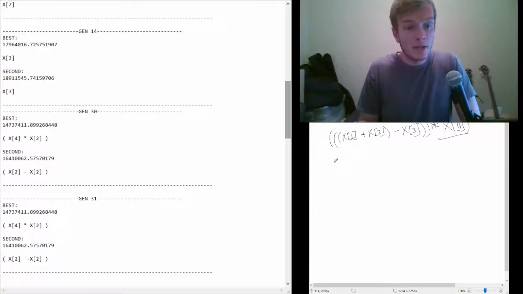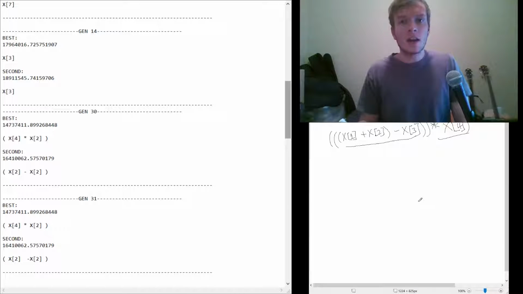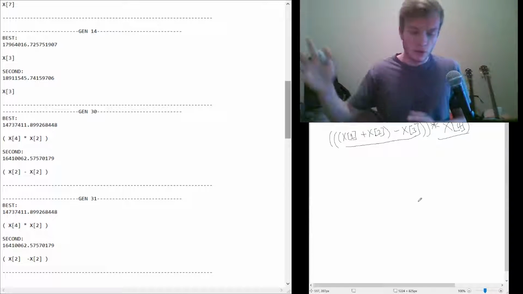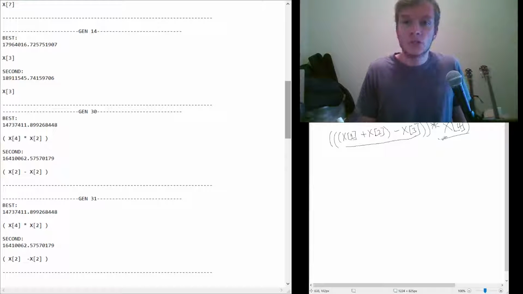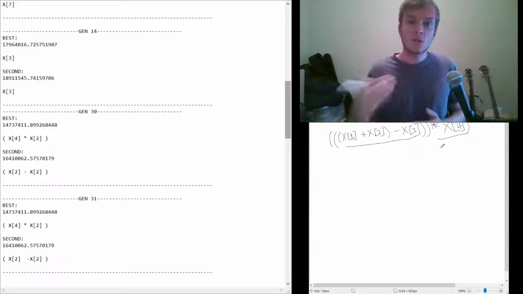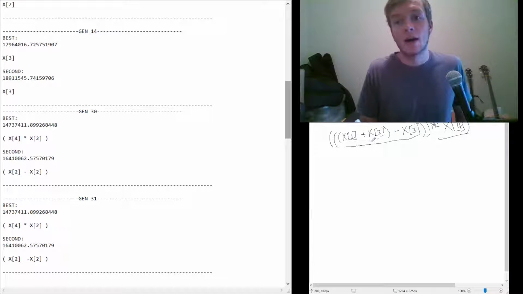Okay, so this is the equation that the AI is trying to get to. But you will notice that x4 is multiplied by this large number here. It doesn't necessarily have to be large, but x4 is multiplying by it, which, if you know anything about convergence or divergence or multiplication, is much more significant than regular adding and subtracting.